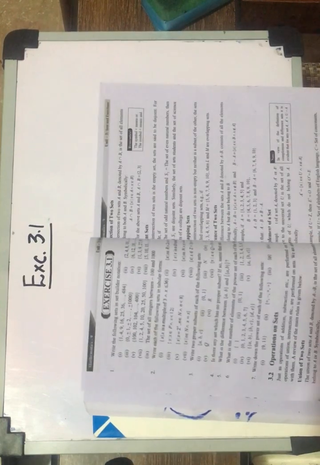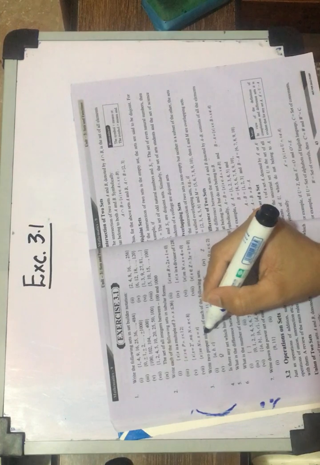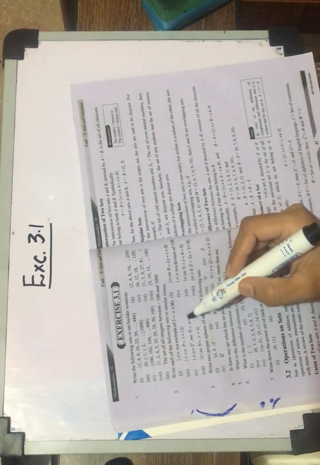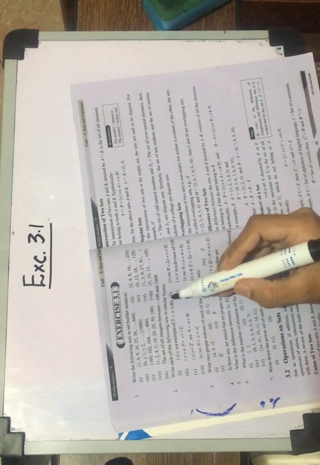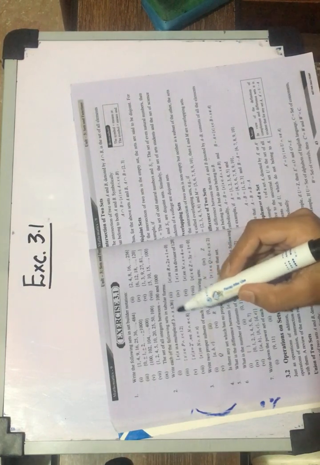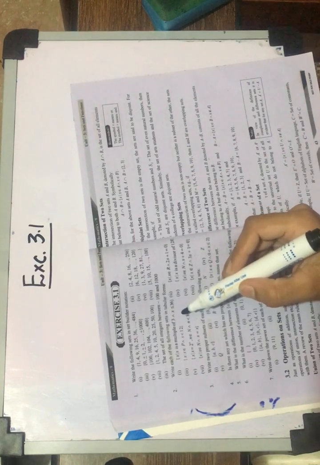In exercise 3.1, we have question number 2, and we have to write all these sets which are given in set builder form in the tabular form. We have already studied tabular form and set builder form, what they are, what they mean.